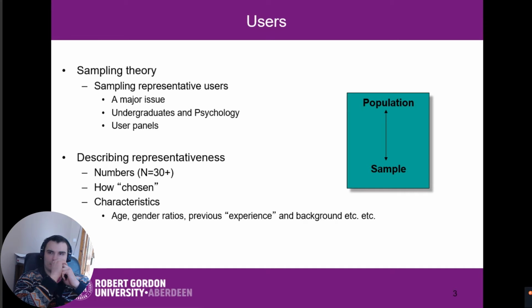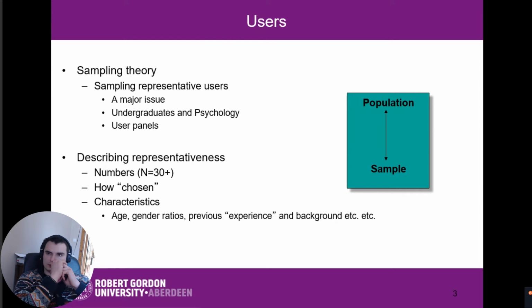For example, if you'd been asked to do some work on user interfaces for astronauts, then the original astronaut program had what they called the first 7, right? That's your entire population. That was the world's total population of astronauts.